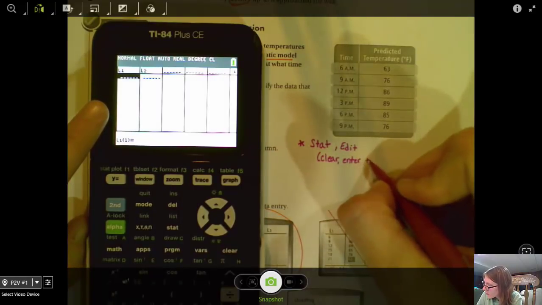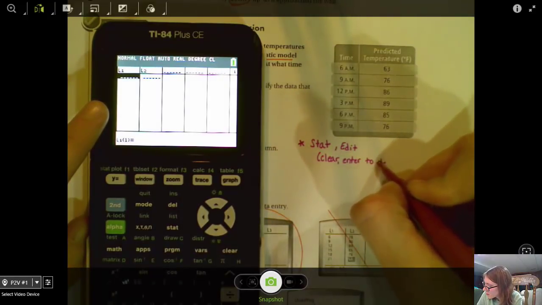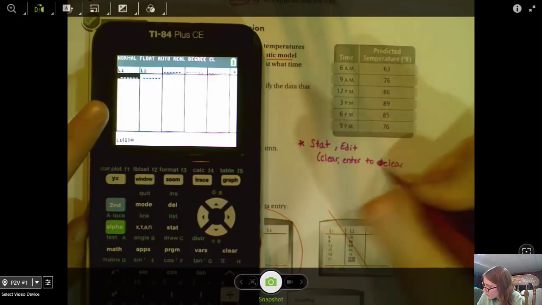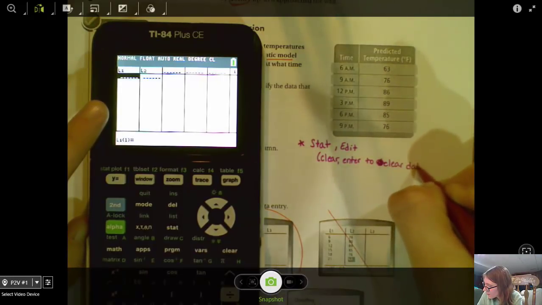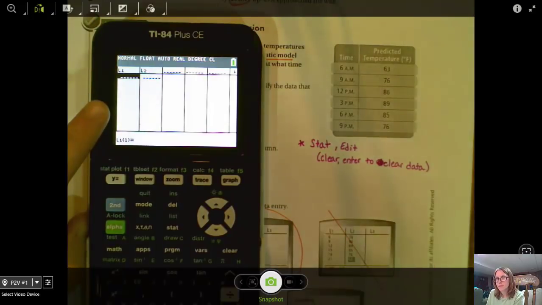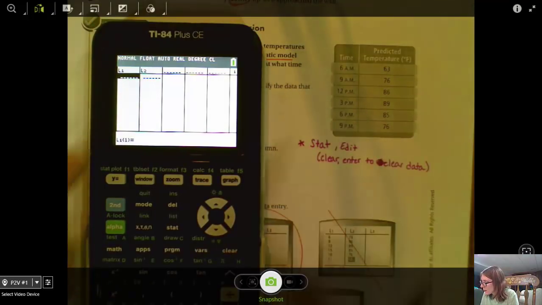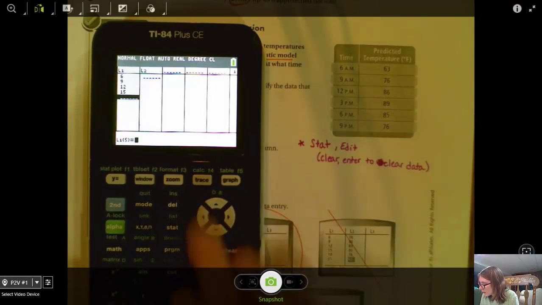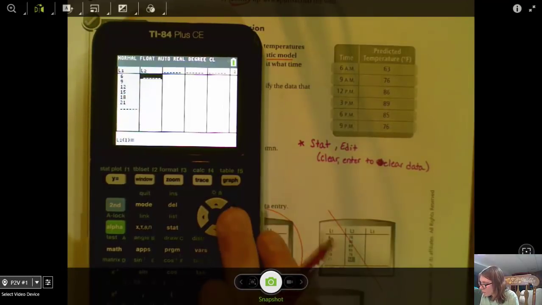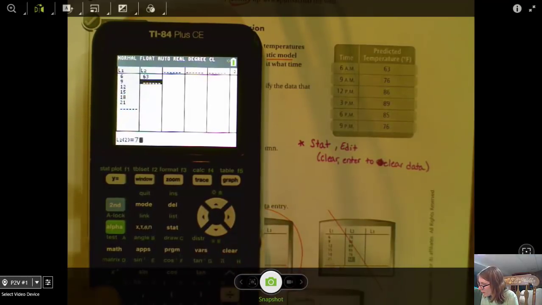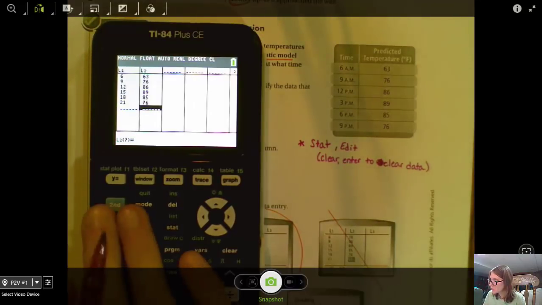I'll make that note here, clear, enter, to clear any data. Then we put our values in: 6, 9, 12, 15, 18, and 21. So your calculator should look like this.